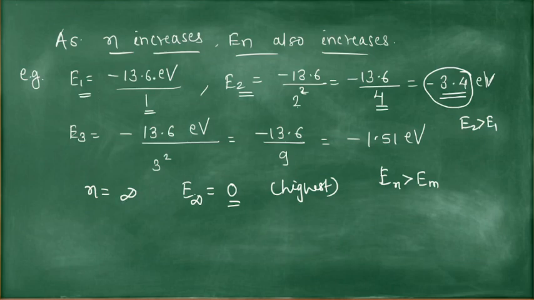Now from these energies, the question is asked: draw the energy level diagram. Suppose in case of hydrogen atom, the electron is in the first orbit around the positively charged nucleus. In hydrogen atom, this E1 is minus 13.6 electron volt. If energy is supplied to such an atom, the electron absorbs the energy, and depending upon the absorbed energy, it goes into an outer orbit.